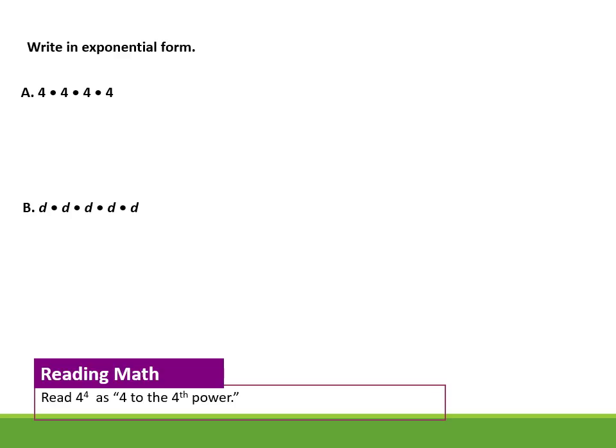So, another example. These terms are in exponential form. We have 4 times 4 times 4 times 4, or 4 multiplied by itself 4 times. Our base is 4.